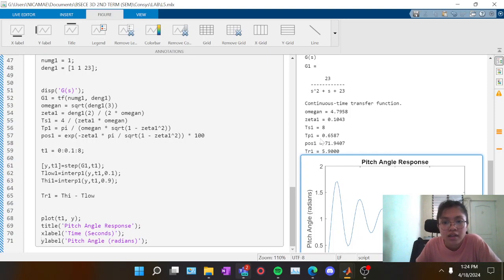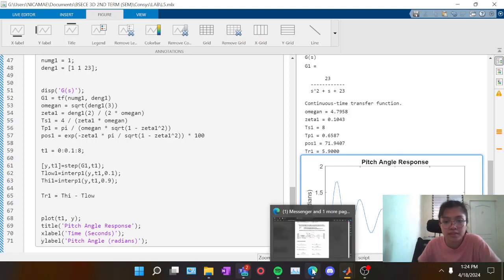The peak is 0.65, the percent overshoot is 71.94%, and the rise time is 5.9. So here is my answer.